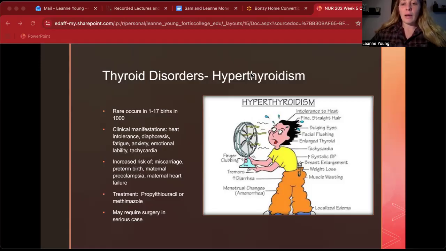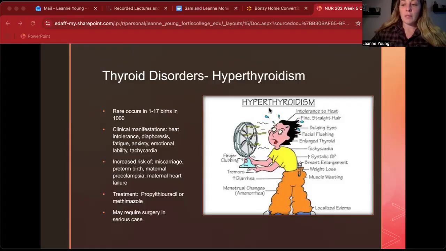We need to be really careful with medication treatment because these meds have some very severe side effects. Hepatic toxicity is one of them. That first one, the one that I can't pronounce, we're going to abbreviate as PTU. PTU can only be used in the first trimester due to possible effects on the fetus. You cannot have radioactive iodine during pregnancy because it may destroy the thyroid of the developing fetus.